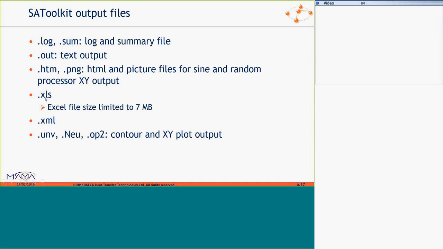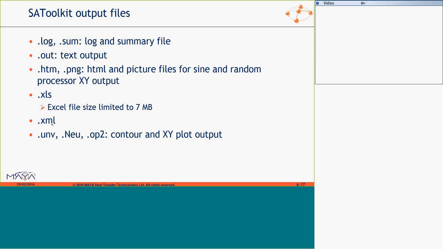Once the file exceeds 7 megabytes, you can't do anything with it. We dump all the contents of the Excel file also to an XML file, which does not have any size limitations, so you can have a 2 gigabyte XML file if you want. Mostly though, for you guys, you write data to an OP2 file for the processor.